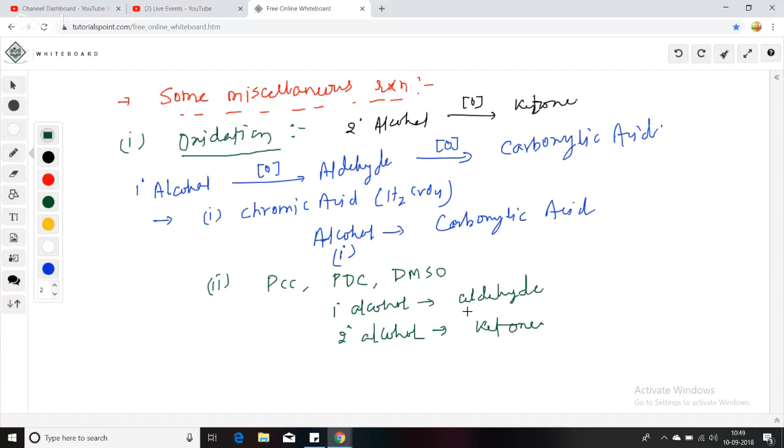Okay, 1 degree alcohol gives aldehyde, 2 degree alcohol gives ketone.